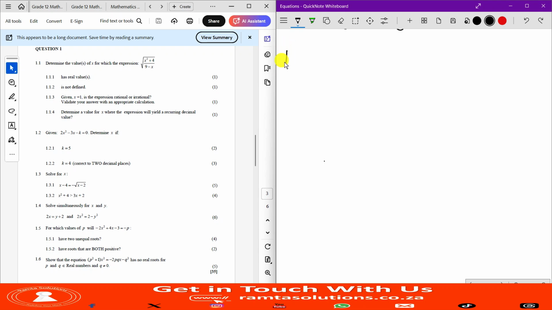We go into question 1.5. It says we have minus 2x squared plus 4x minus 3 equals negative p. Let's see what 1.5 says. For which values of p will this have two unequal roots?